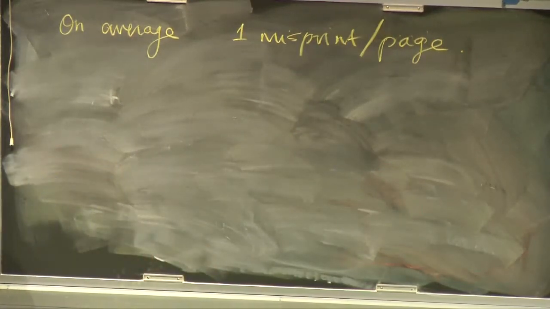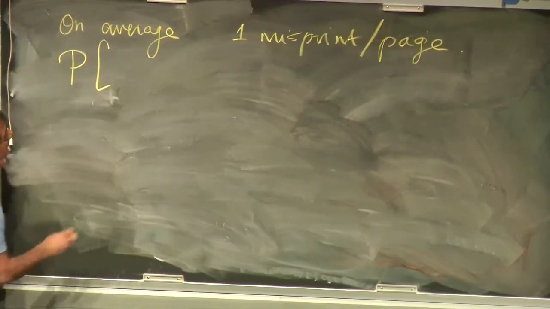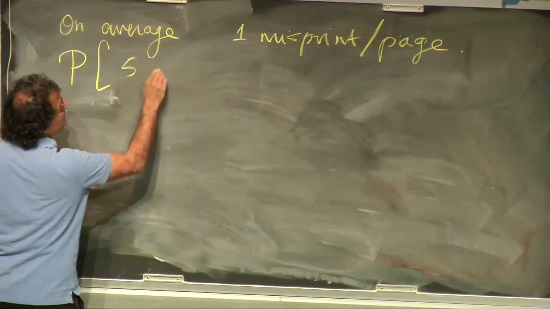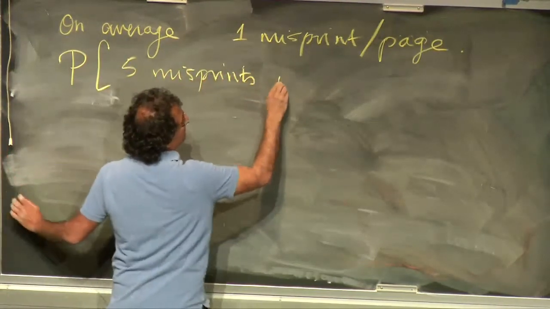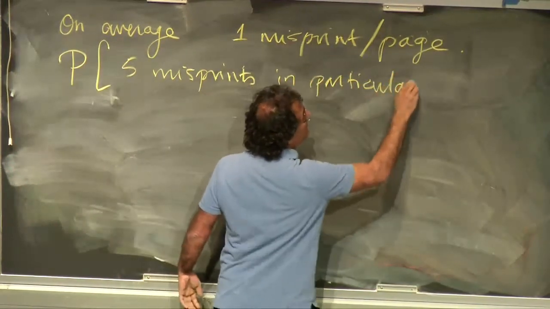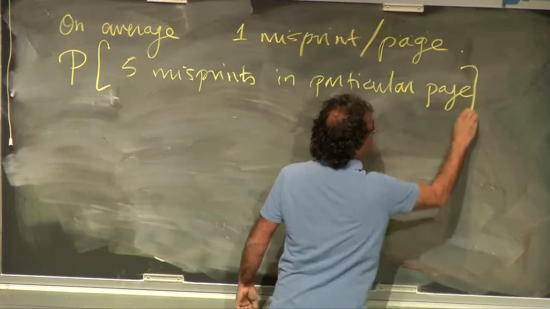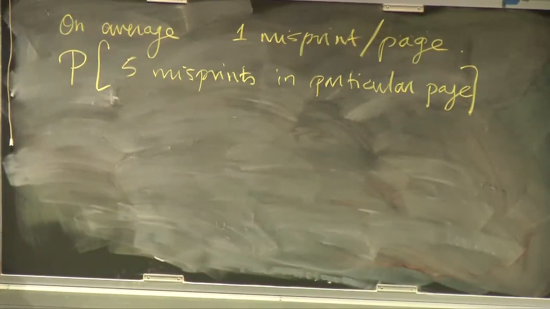Now, what you want to know is what's the probability that you'll actually see 5 misprints in a page, in a particular page. Okay, so you open your book to a particular page, and you see how many misprints there are. You count them up, and you want to know what's the probability there are exactly 5 of them.